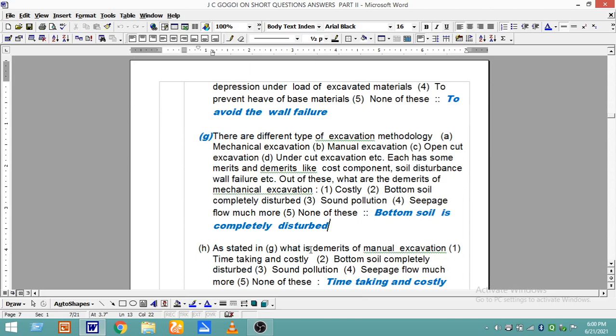What is the demerit of manual excavation? The correct answer is time taking, and hence it is costly.